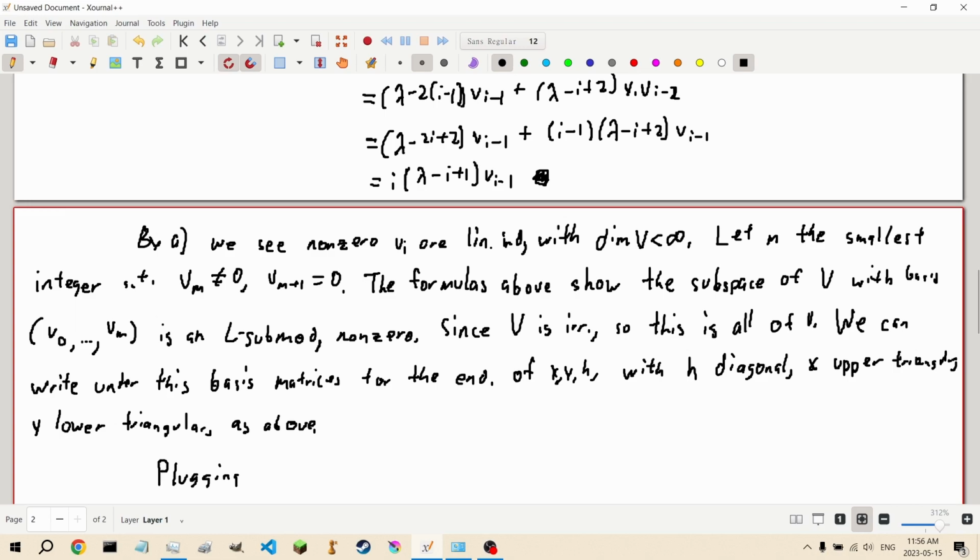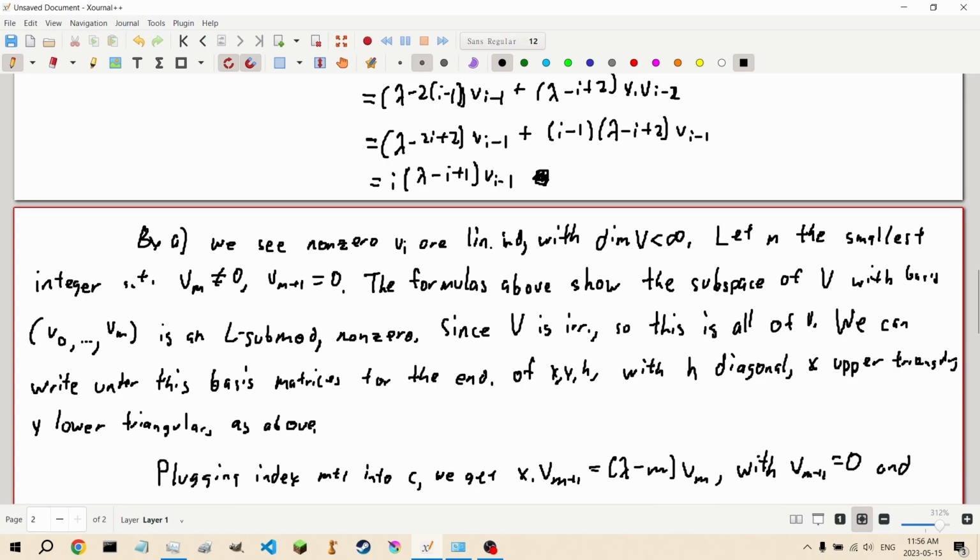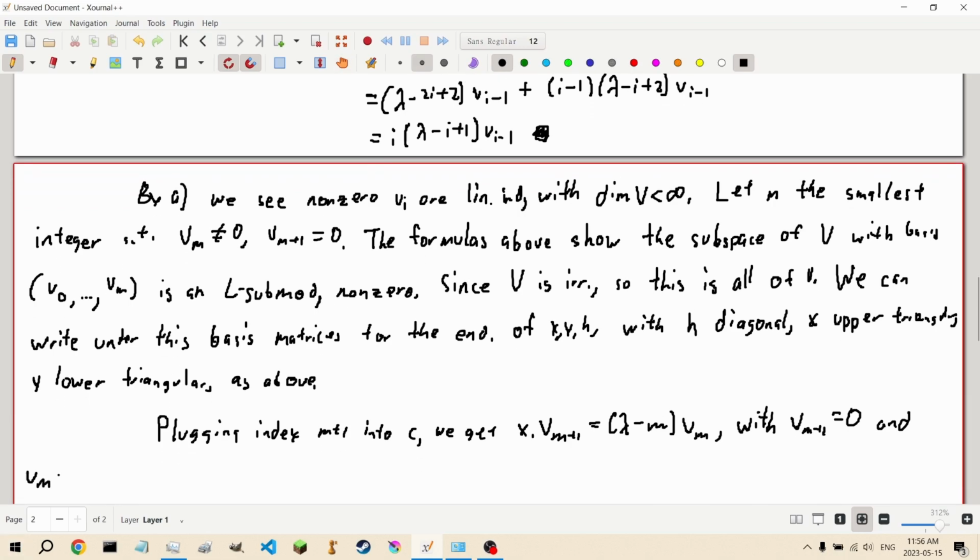Plugging index m plus 1 into C, we get the action of x on v_{m+1} is equal to (lambda minus m), I believe this should be, to v_m, with v_{m+1} being 0 and v_m being non-zero.